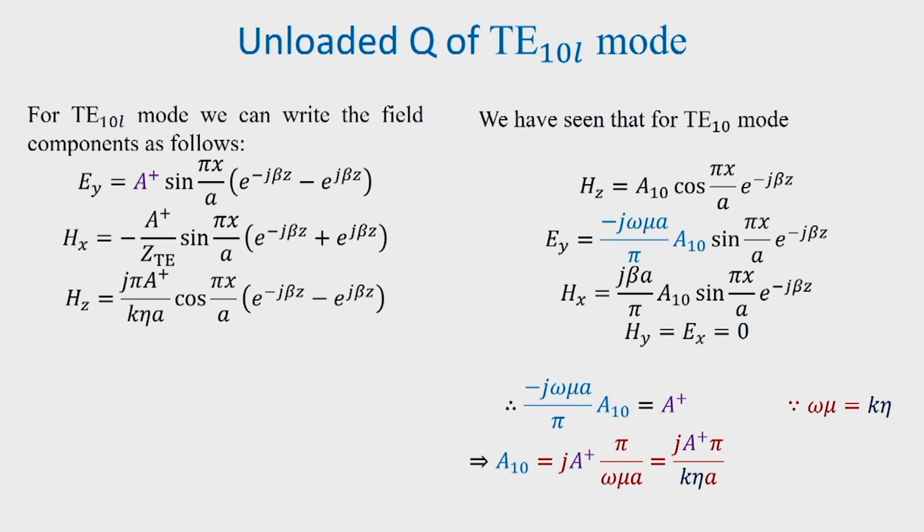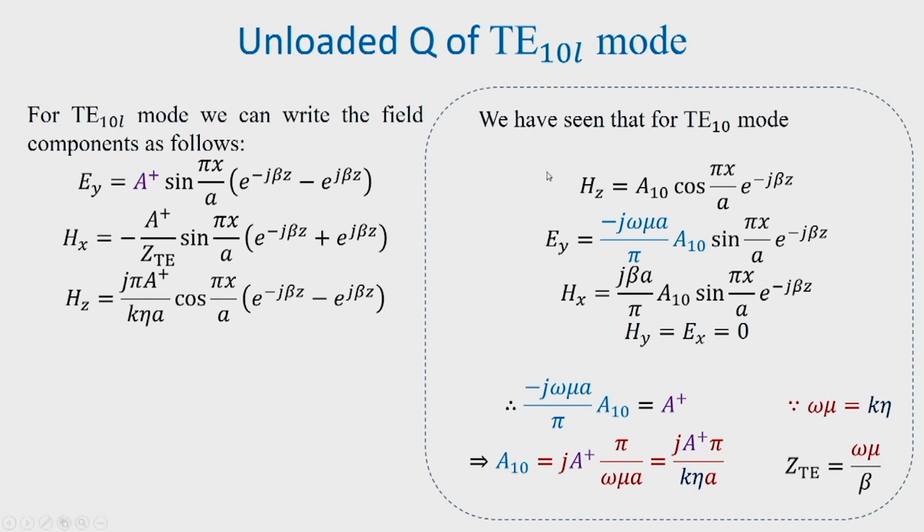Similarly, we can see that Hx can be put in the form of minus A plus divided by Zt sin(pi x by a) times e to the power minus j beta z plus e to the power j beta z, and this Zt is actually omega mu by beta.